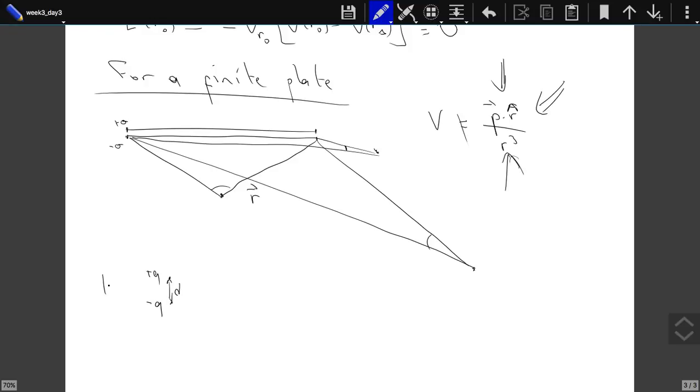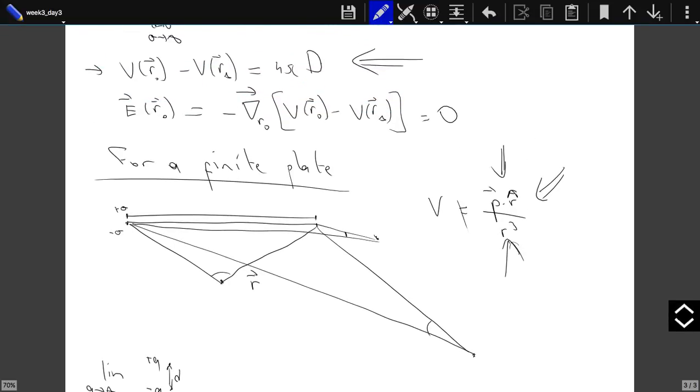But you can take the limit as Q goes to infinity, D goes to 0, such that Q times D is constant. So if this is the case, then every point is much larger than D. So this expression will be true at every point, not just sufficiently far away.